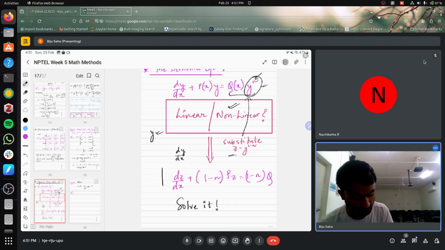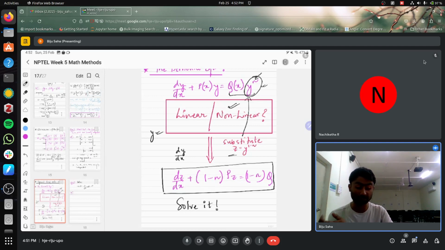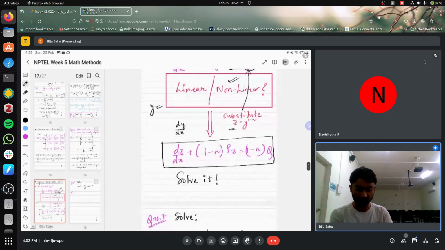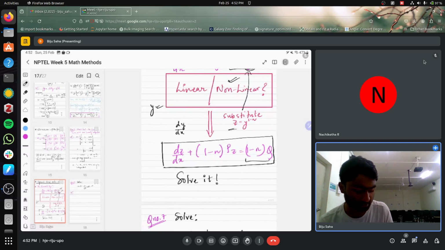So this particular equation is independent of y, does not carry explicitly any y, but there is dependence on y because z is depending on y, but explicitly it does not depend on y. So now your differential equation is linear because this thing is just a function of x, and also this thing is just a function of x, and your dependent variable is z.